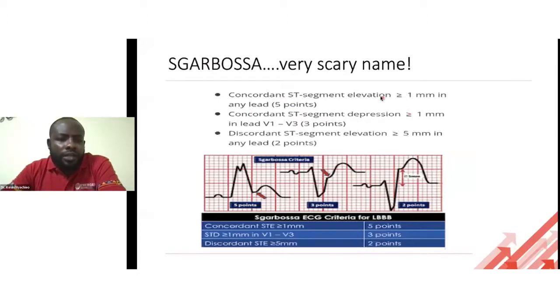ST depression concordance more than 1 millimeter, that's an MI already. I've not seen a discordant one recently, but by the time you have any one of these, that's an MI. This is what we call the Gabosa criteria.